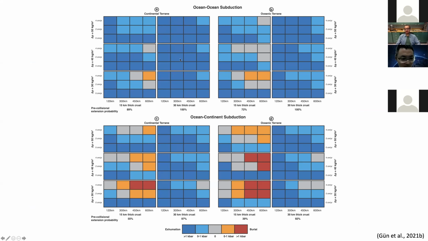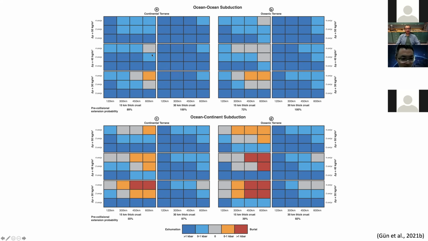Blue represents extensional cases, and yellow and red represent shortening or burial cases. In this figure you see the 288 experiments. Maybe I should focus on them one by one, because it's a hard figure to read.